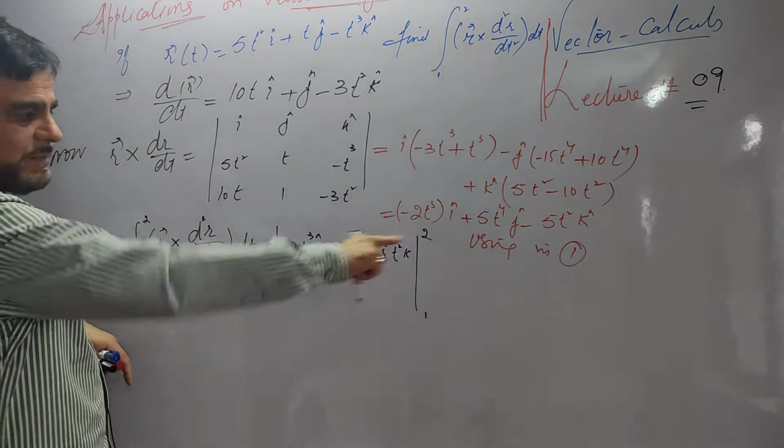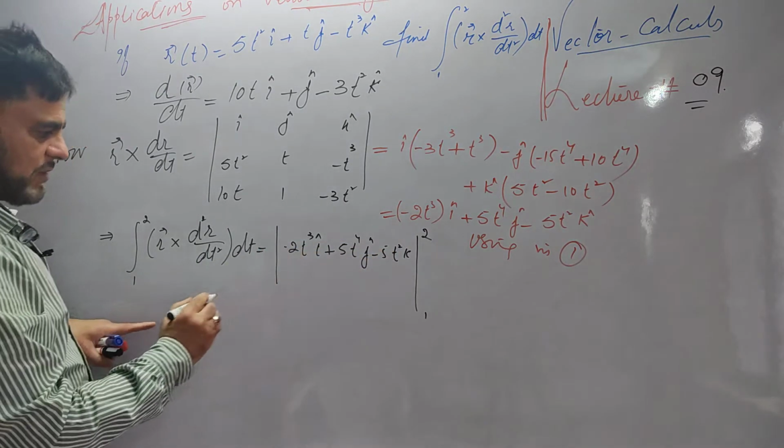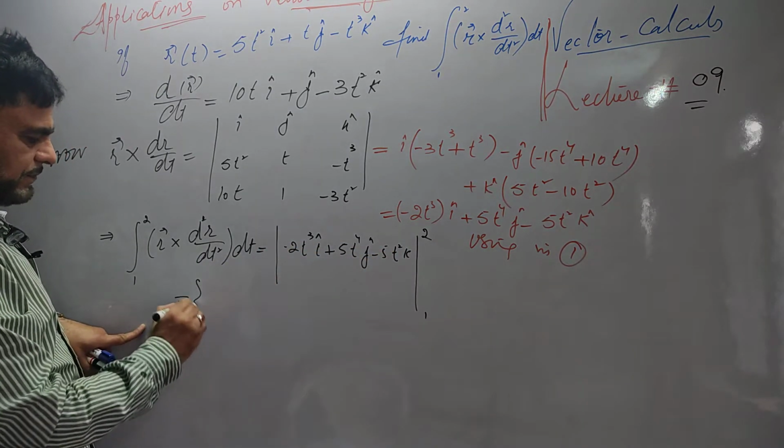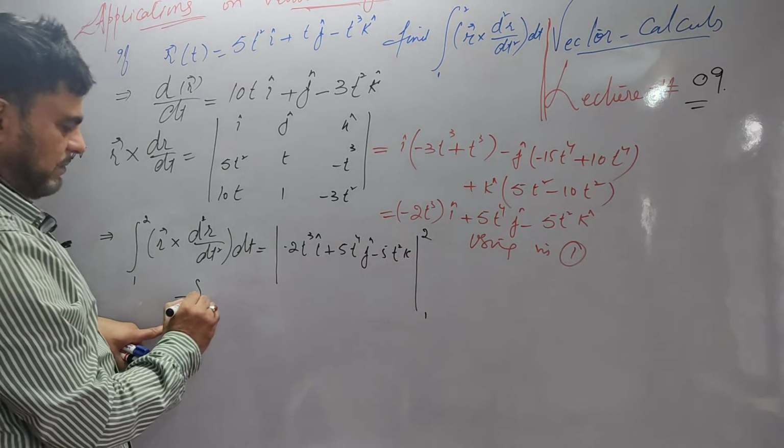As usual, we give the upper limit, the value of t, which is equal to 2.